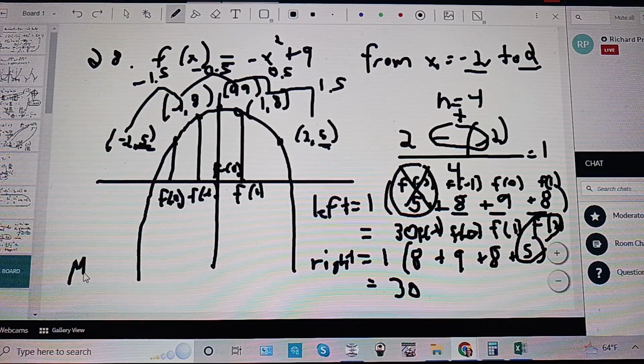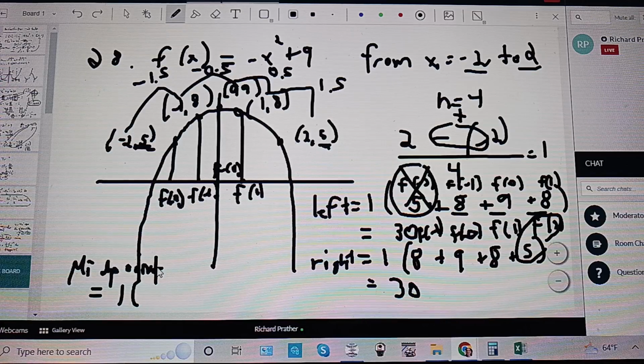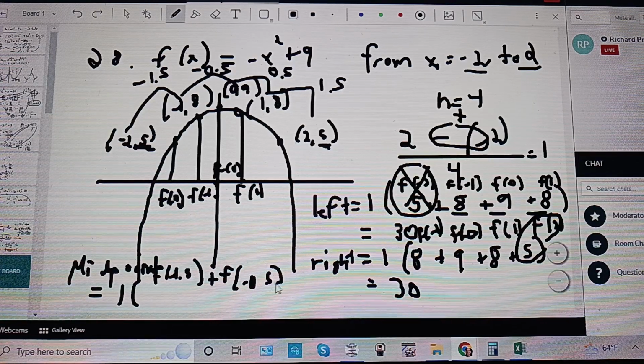So the midpoint approximation would have the one width of each rectangle, and then you would have to do each of those: f of -1.5 plus f of -0.5 plus f of 0.5 and f of 1.5.